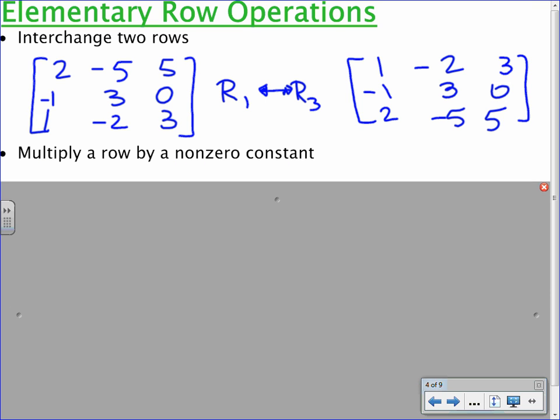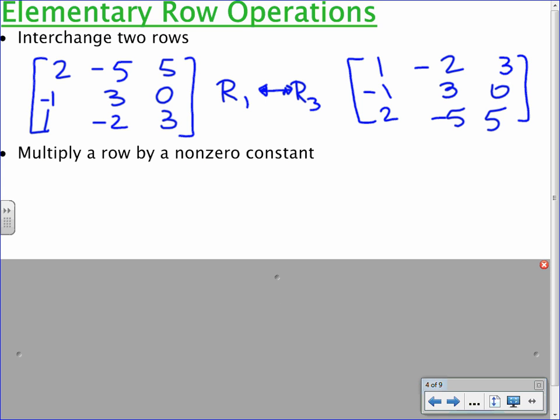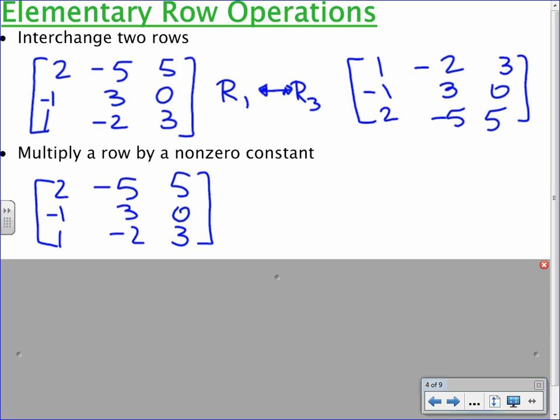We can also multiply a row by a non-zero constant. So let's take our original matrix again. It is legal for us to take row 3, for example, and multiply it by -2.